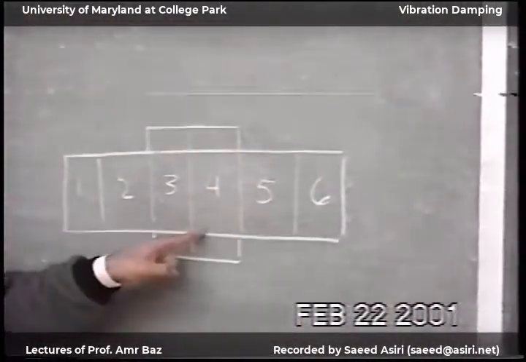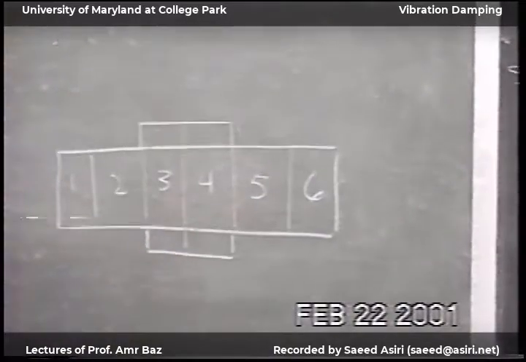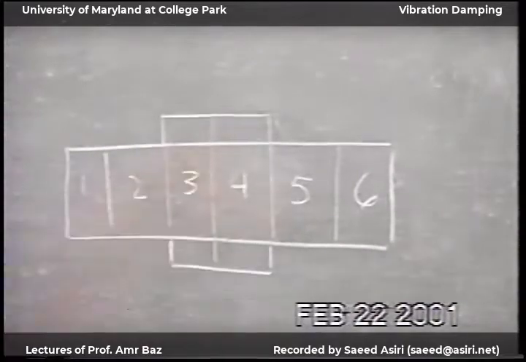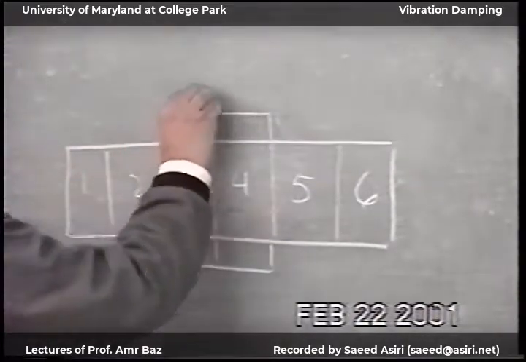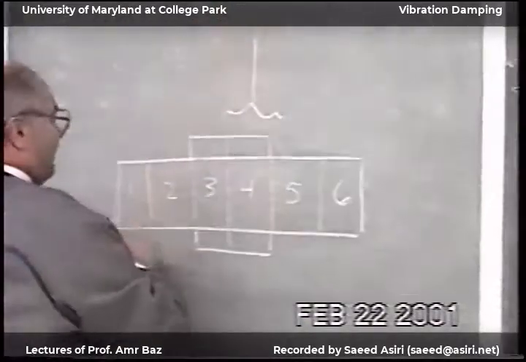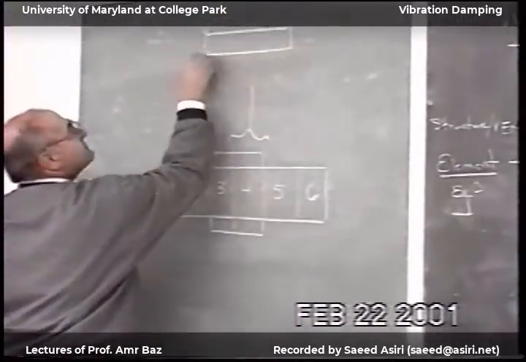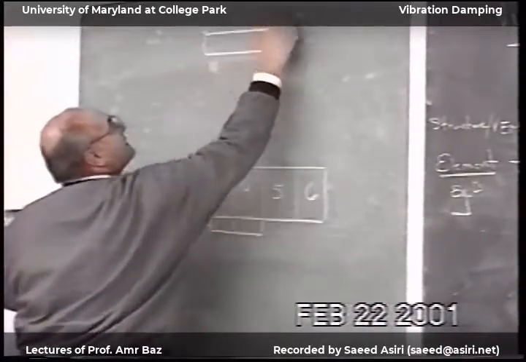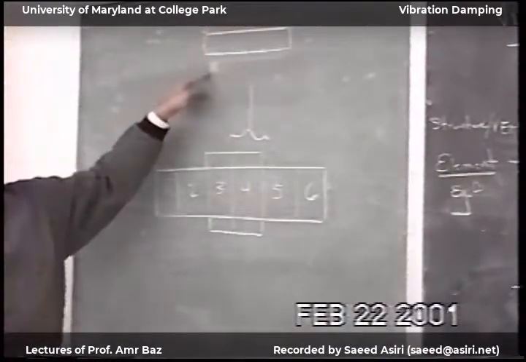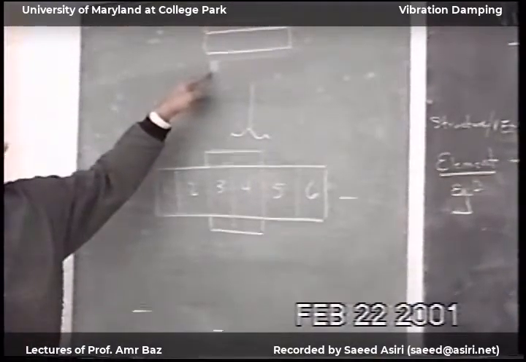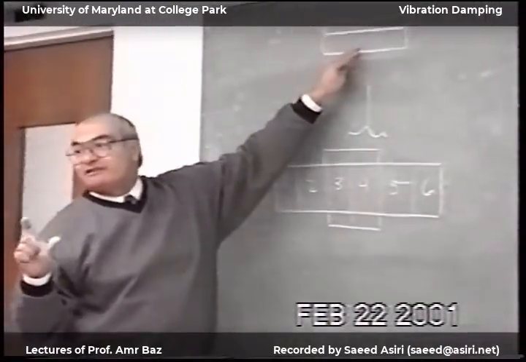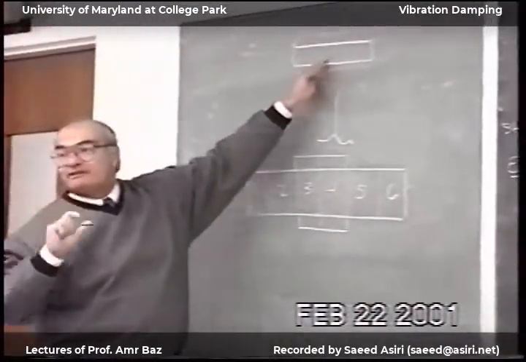Now let's say I just have one structure that's made of one element of a structure and viscoelastic material. So if I take this and roll it like this, and I have viscoelastic, and I represent this by this equation, the stiffness matrix of this element is a singular matrix.